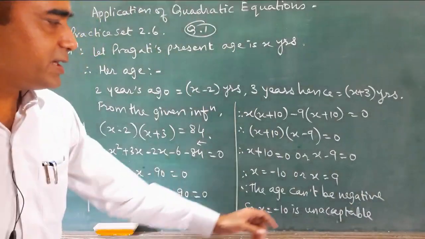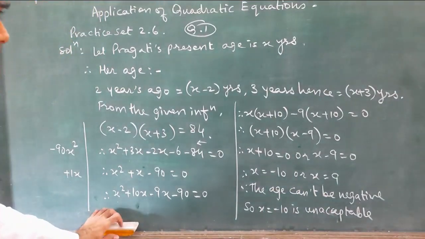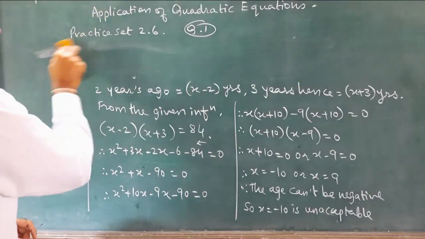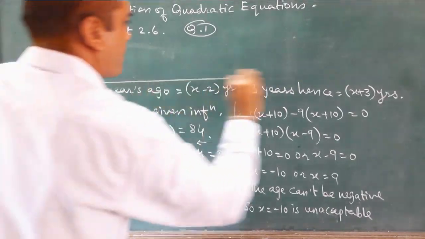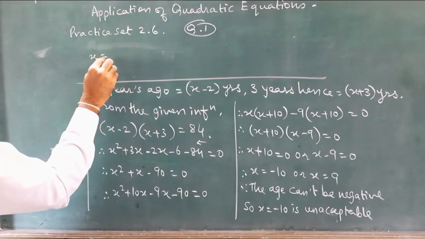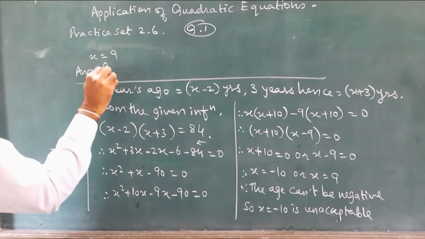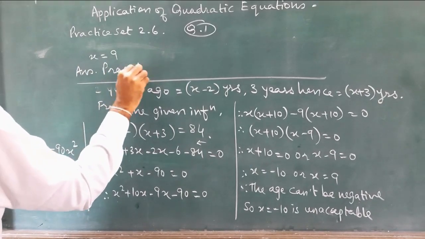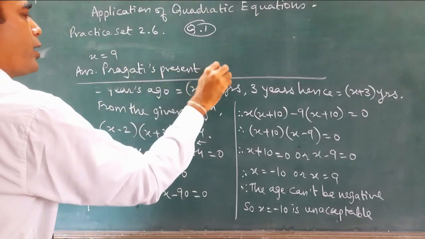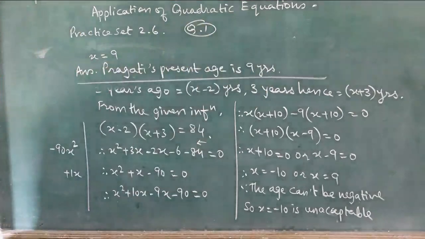So the answer is x equals 9. Answer: Pragati's present age is 9 years.